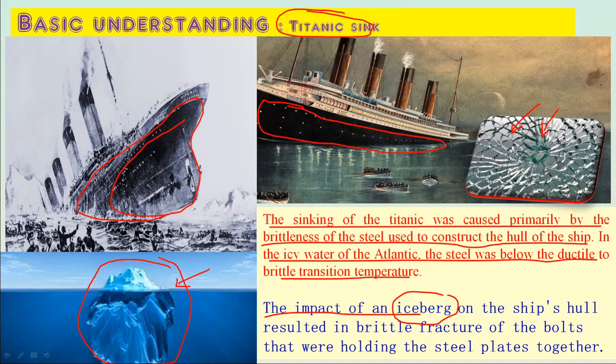The Titanic, which was running in icy water, had a collision with the iceberg, and the ship hull suffered brittle fracture of the bolts that were holding the steel plates together. So the hull, which was held by steel bolts, got fractured, and the Titanic broke in two pieces. This is how, after this incident, people came to know the importance of brittle fracture.